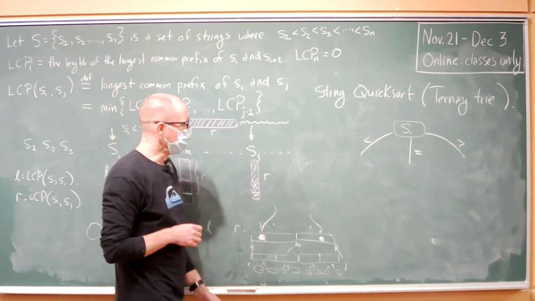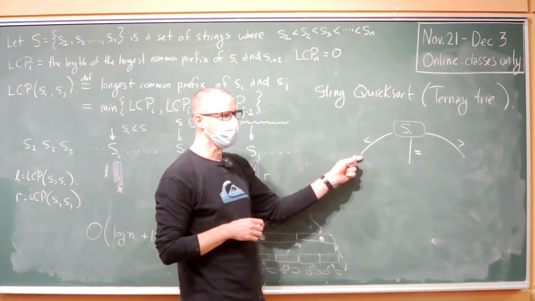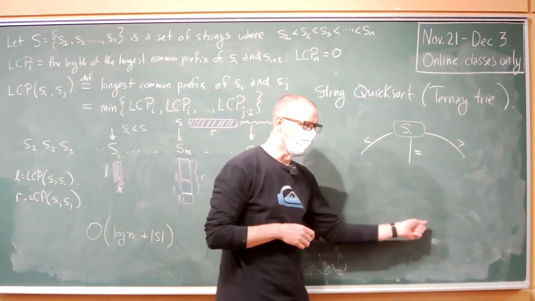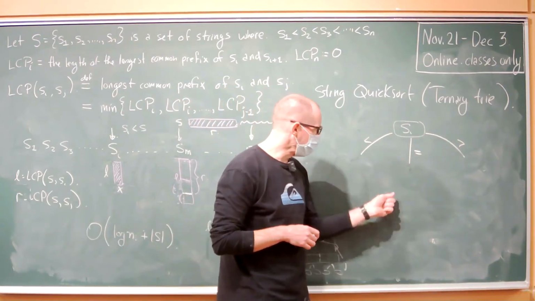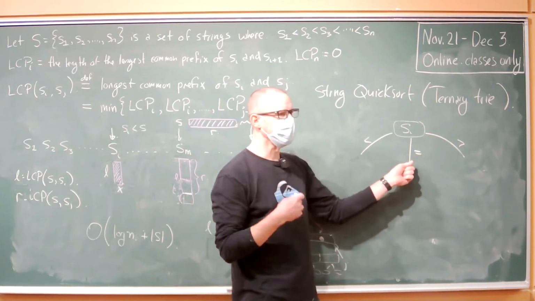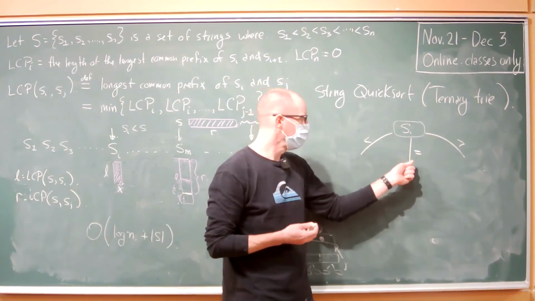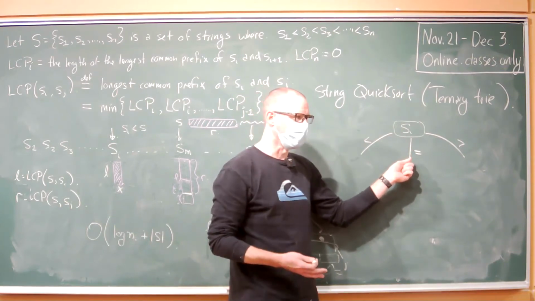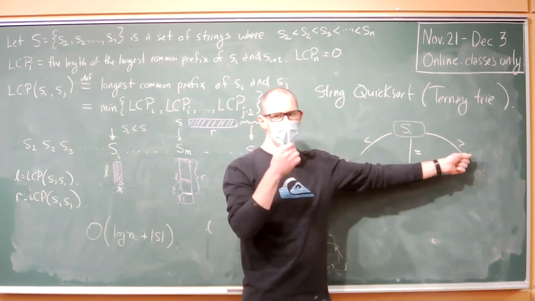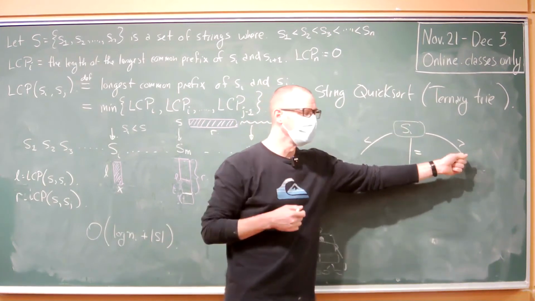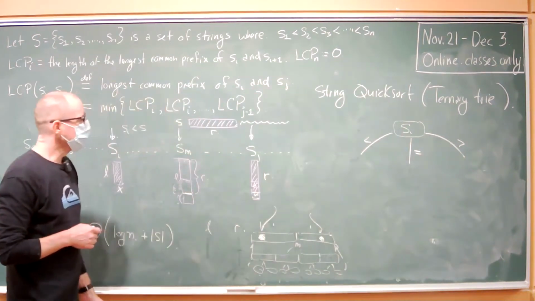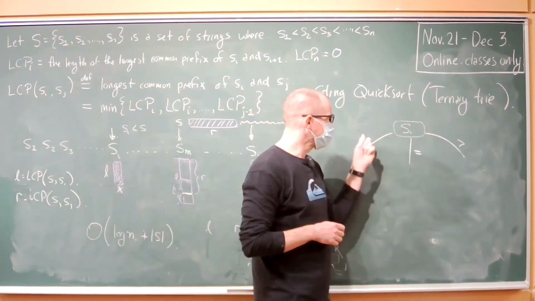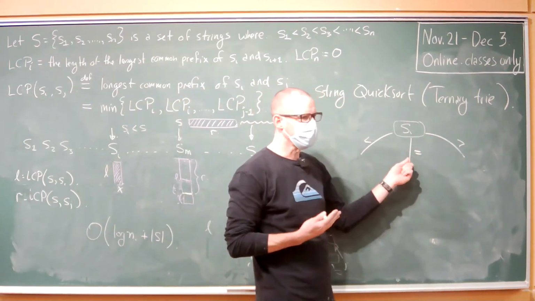Now I need to recursively sort this side. I need to recursively sort this part, but actually not everything in this part, because everything in this part starts with the same first character. So I recursively sort here, but ignoring the first character. And then I need to recursively sort this side. That's the quicksort algorithm sort of with ties.